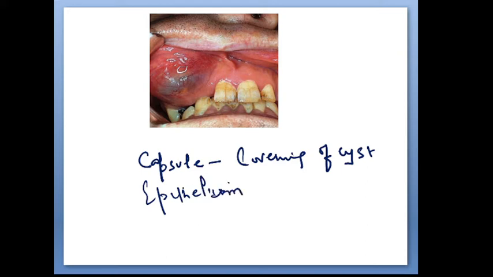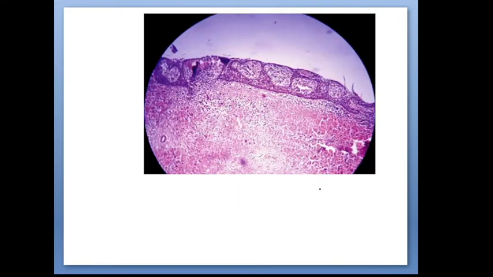Different types of epithelium are seen in different types of cysts. Epithelium will determine which type of cyst is seen. So, in case of radicular cyst, there is a typical epithelium which is rather characteristic.